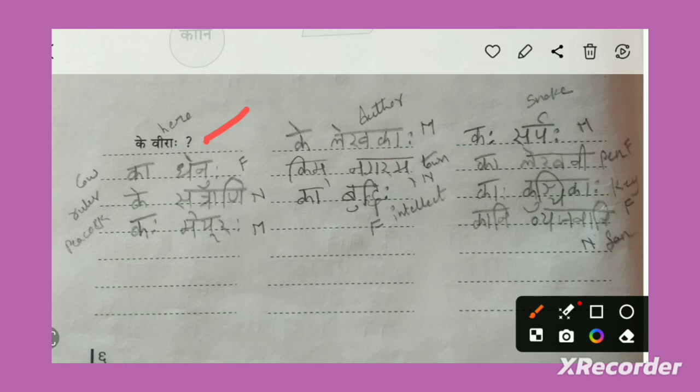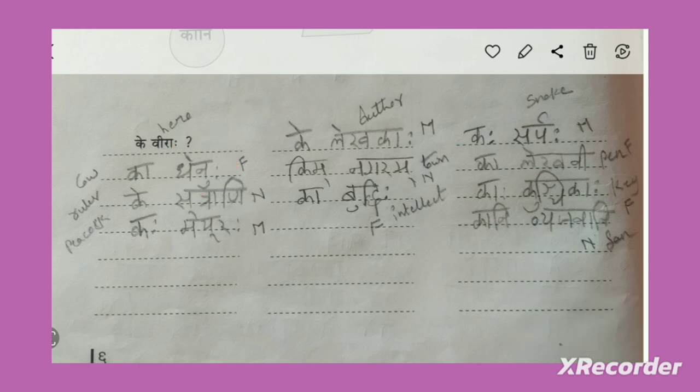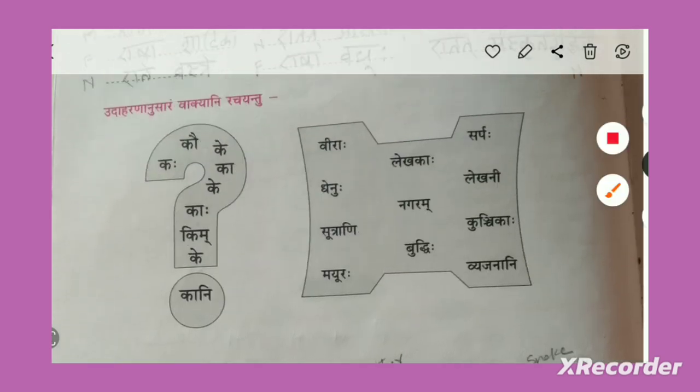Now I'll give you one more example. Denuhu. Denuhu means cow. Whether cow is male or female? Cow is female, right? So one cow, one female cow, means this is the singular form of female gender. So you need a pronoun which satisfies female gender singular form.